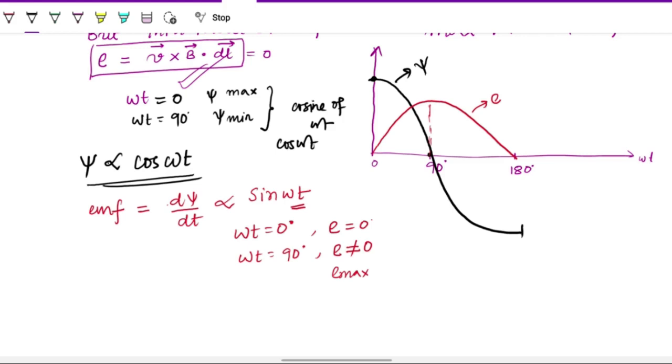So here we see that this generated voltage lags by an angle of 90 degree with respect to the flux linkage. Now we will derive this equation mathematically.